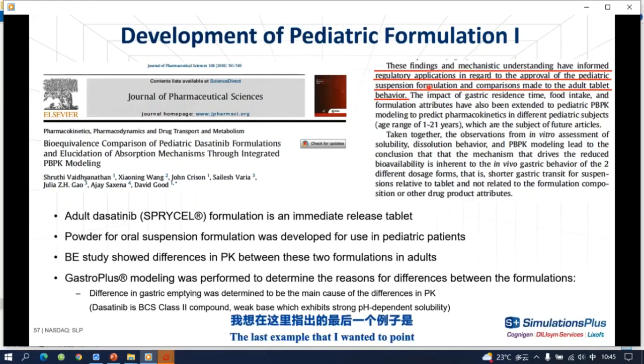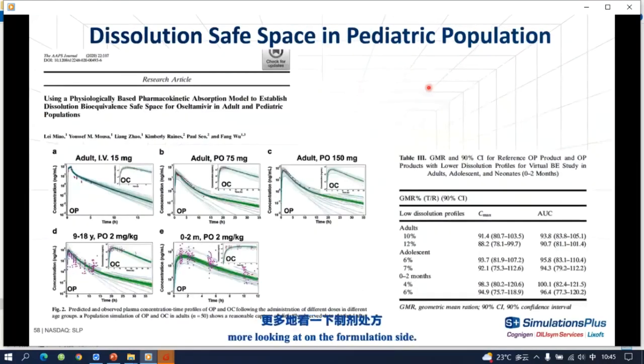And the last example that I wanted to point out here is, again, a little bit more looking at the formulation side. This is actually from a group at the FDA, which of course is not to be taken as them doing recommendations.